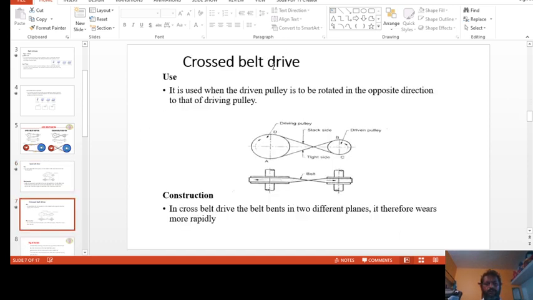Coming to the cross belt drive, it is used whenever the driven pulley is to rotate in the opposite direction to that of the driving pulley. In cross belt drives, the belt bends into two different planes. It therefore wears rapidly, however it rotates the driven pulley in the opposite direction.